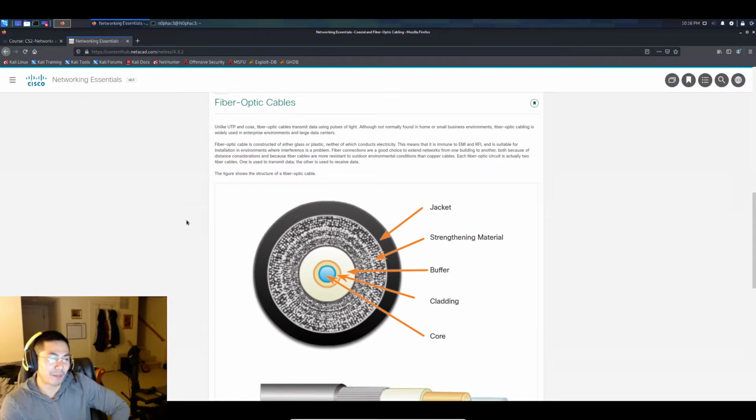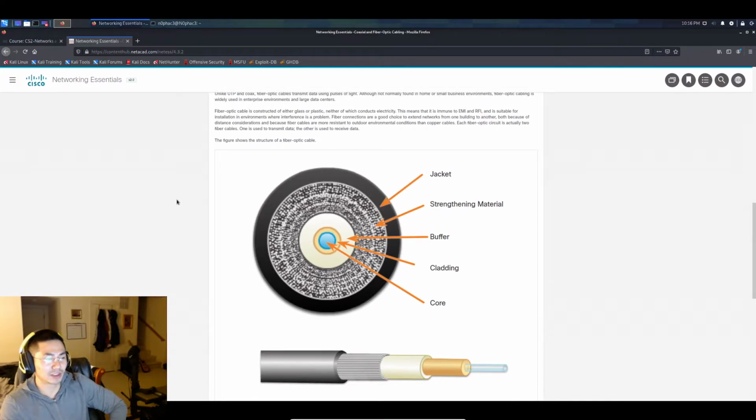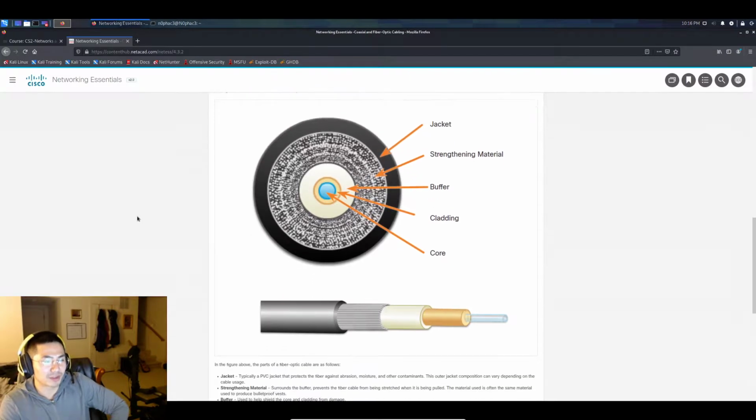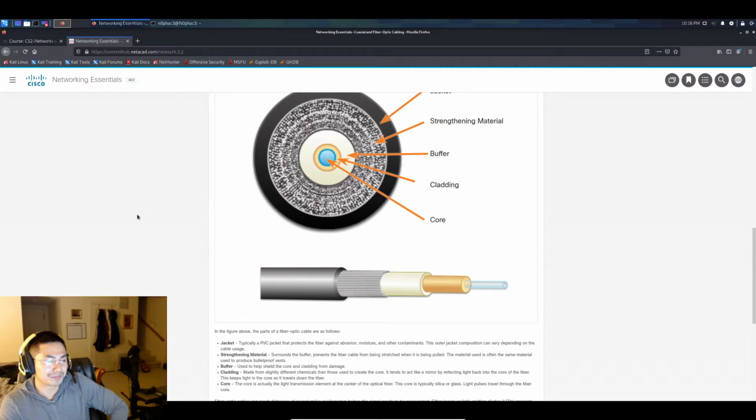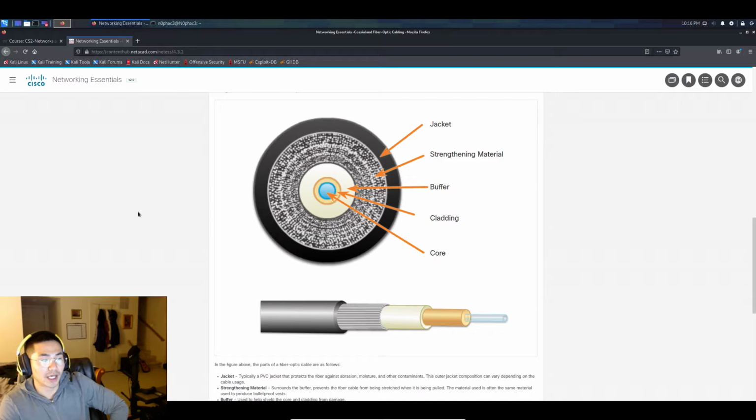At least in my area, a lot of places use fiber optic, and there are just so many more benefits with fiber optics. Obviously, it can handle the weather better, it's weatherproof. It's using light, so you're not getting electromagnetic interference, and data can travel longer.